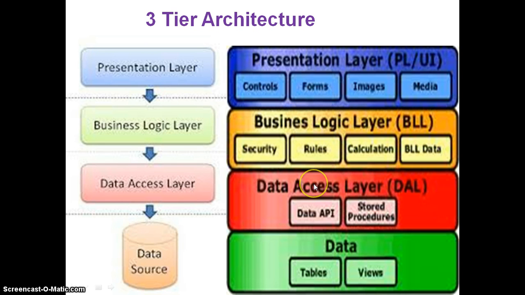Then we have the data access layer, where we interact with the database. The application interacts with the database through the data access layer, using APIs, which are nothing but functions that we call to interact with the database. In the database, the tables, views, and data are stored. So this is another way of representing a three-tier architecture.